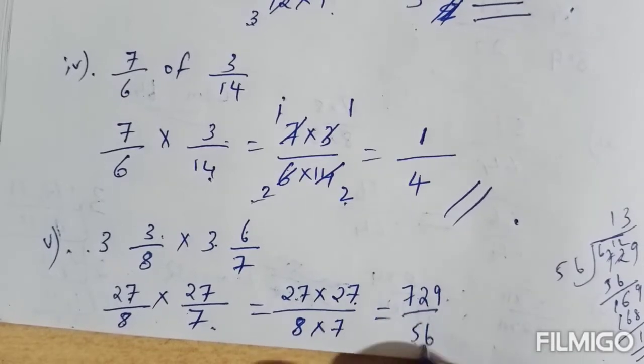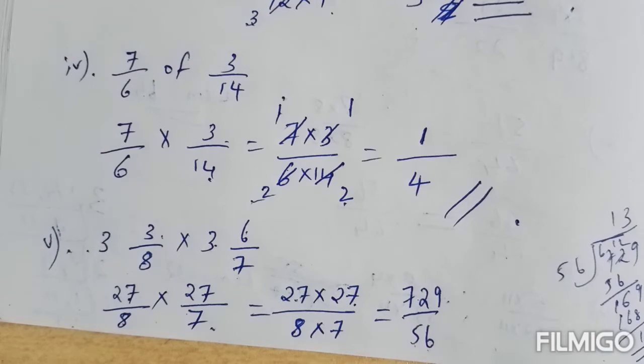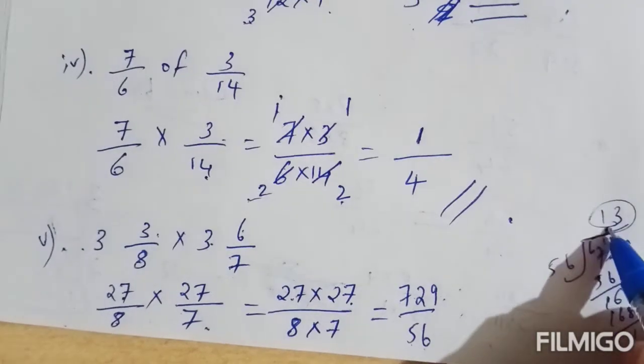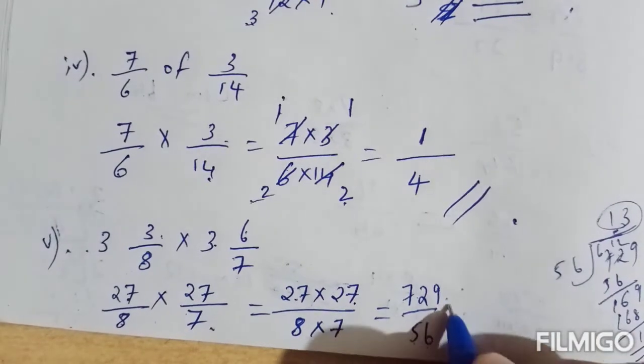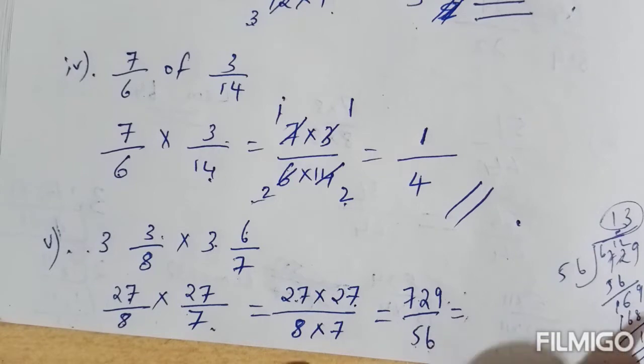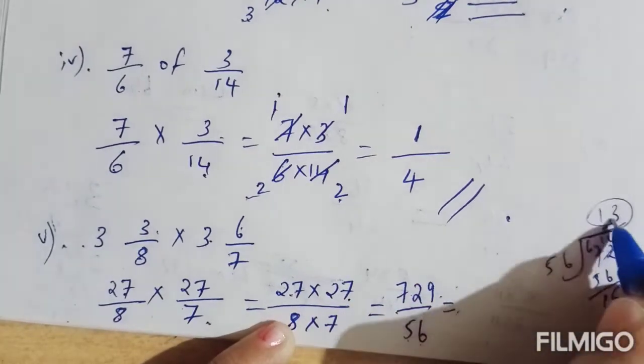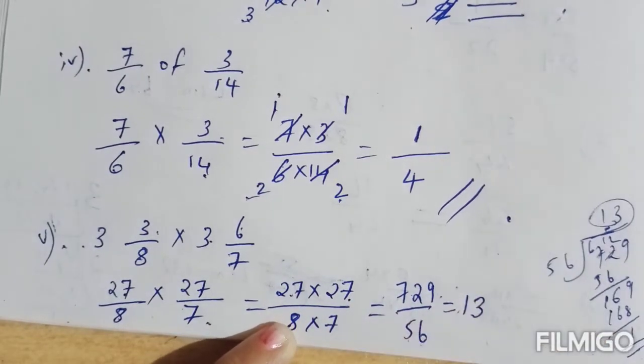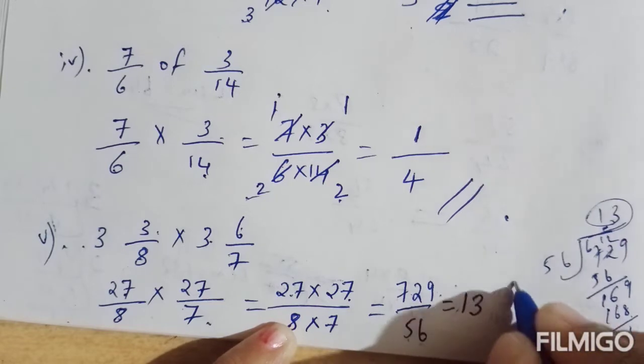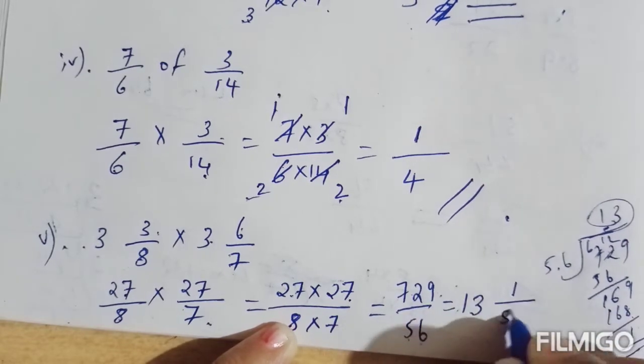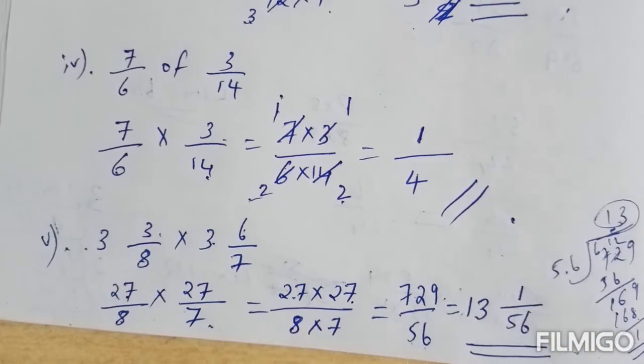So 729 by 56. Now this is an improper fraction, so you can divide. On dividing you will get quotient 13 and remainder 1. Converting this to a mixed fraction, first write the quotient, that is 13. Then remainder by divisor. 13, 1 by 56.